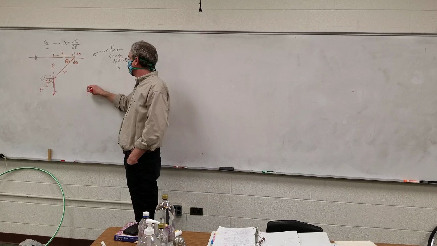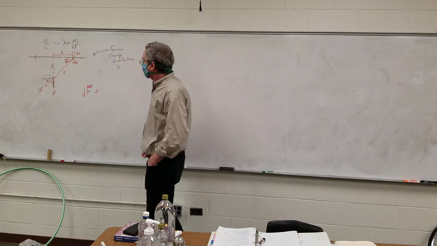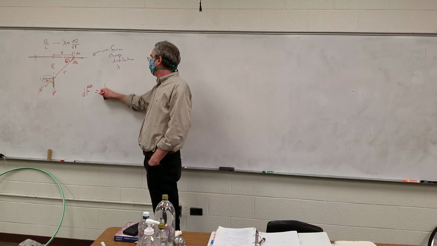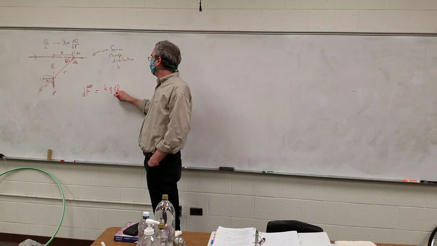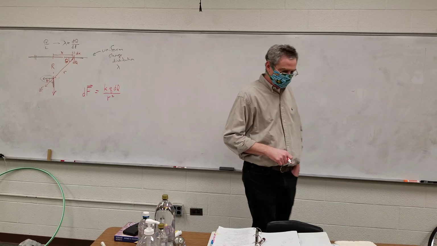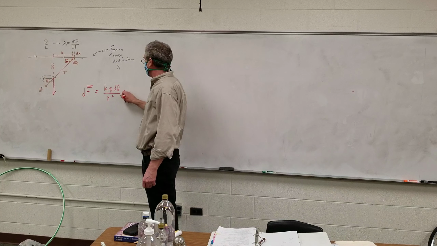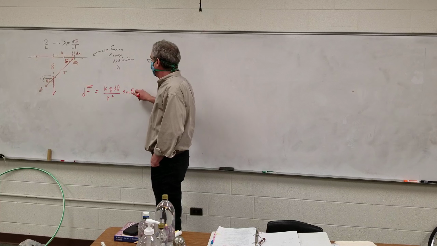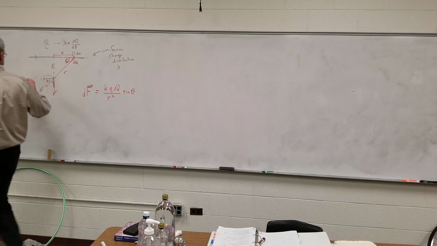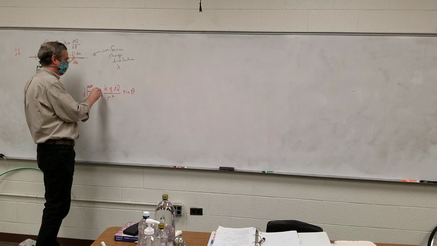So the force that I care about is K little q dq over r squared, the basic Coulomb's law, plug it in. But now we want to deal with just the vertical component, and so sine of theta, and let's make down j hat.